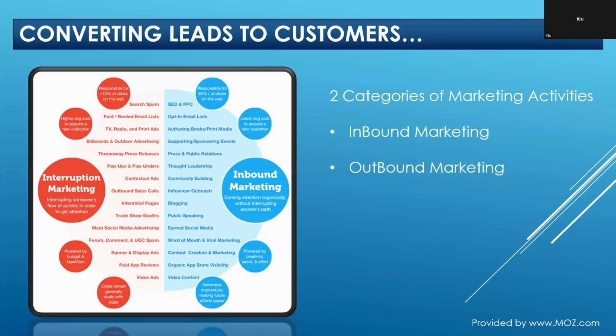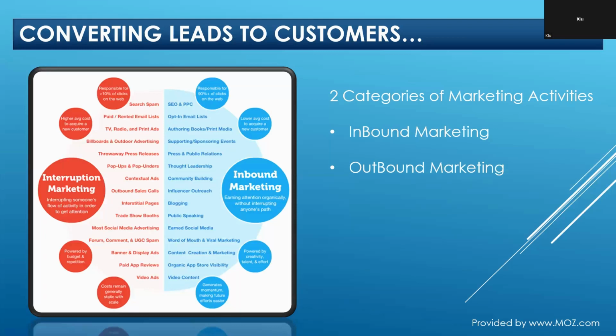Being an author, sponsoring events, thought leadership, having a webinar like this, TED Talk, community building, blogging is a wonderful way of creating new content and getting people's attention. Public speaking, earned social media. That's an interesting one because it's earned as opposed to paid advertising.